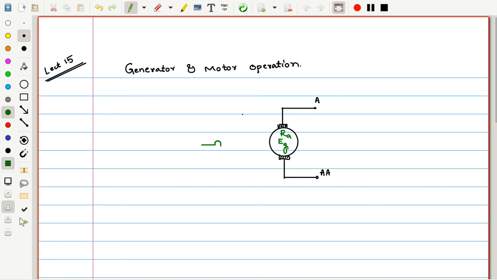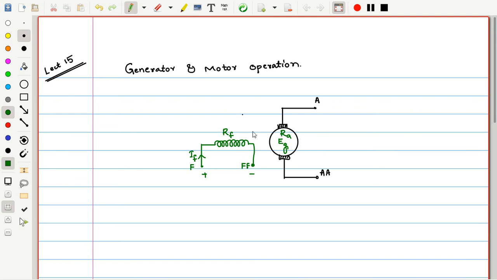Apart from this, we also have a field winding on the stator, and the field winding terminals we usually represent with FF or F1, F2. If the field winding resistance is RF, then the current flowing through the field winding when we apply a DC voltage across FF is IF. This causes the flux inside the core of the stator.